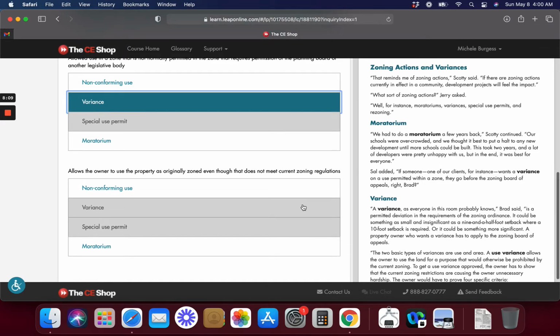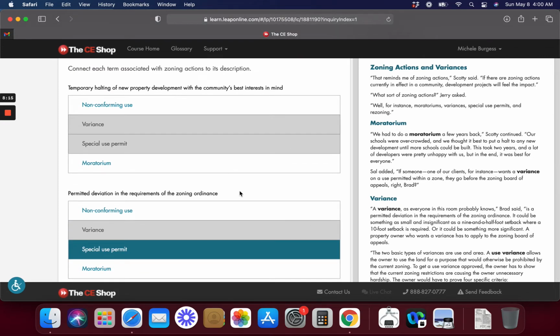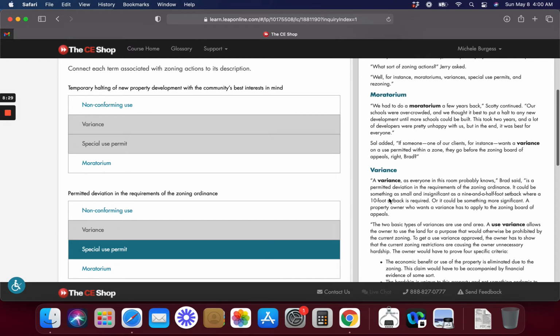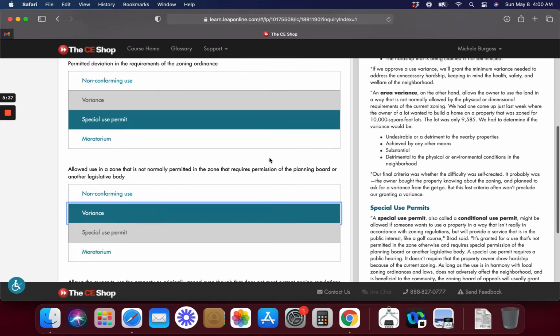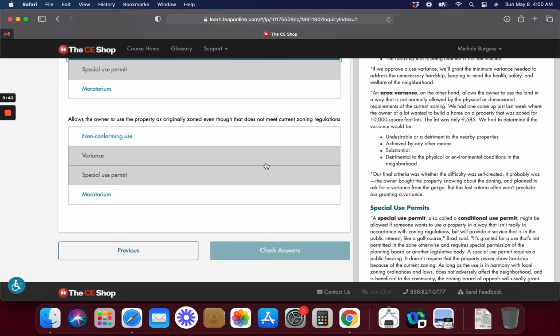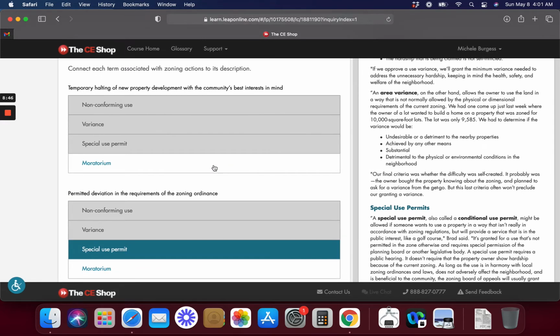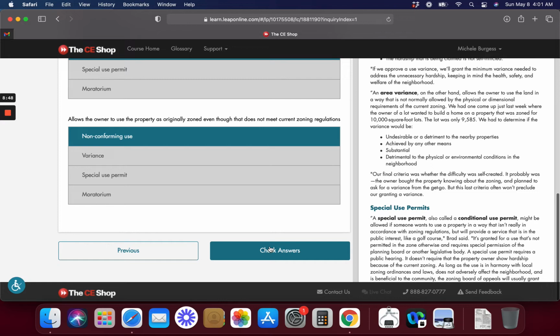Allows the owner to use the property that was, okay, that's special use, I think. Permitted deviation in the zoning. I don't see anything about temporary halting. All right, we're just going to guess and come back and fix it. I have no idea. Okay, allows the owner to use the property even though it doesn't meet the property line. Let's see how we did.